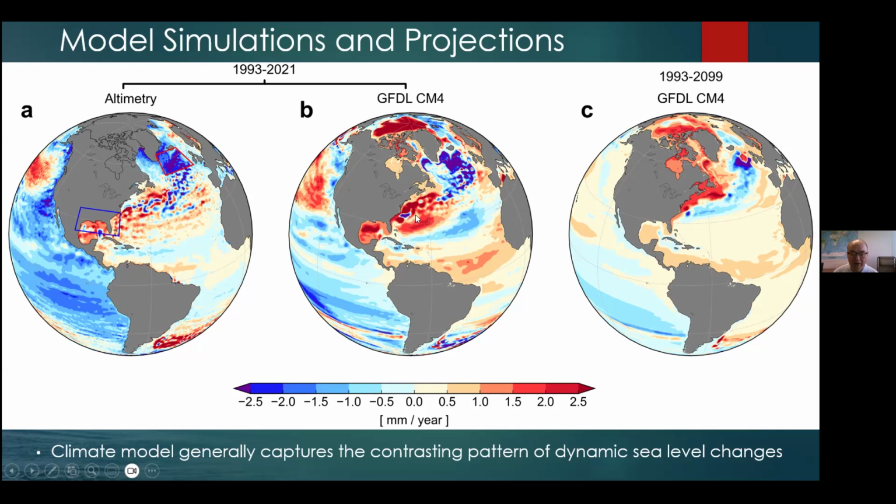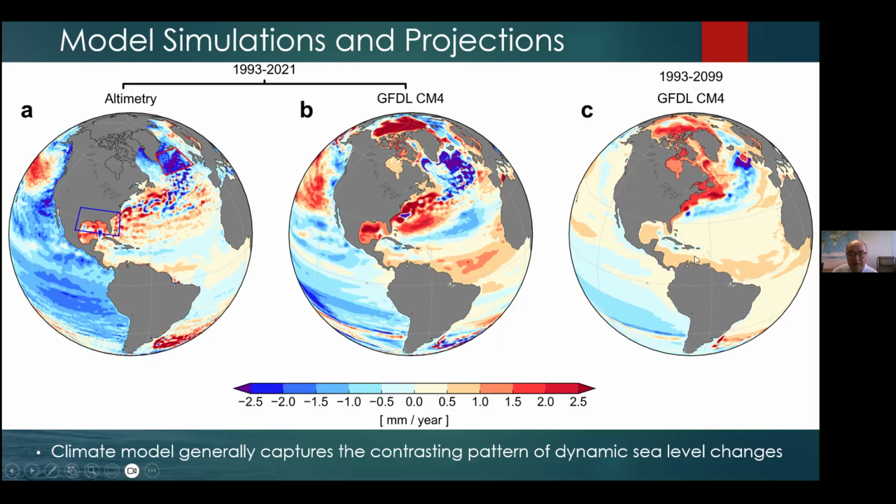We combine the historical simulation with the SSP4.5 projection, that's the medium emission scenario, to derive this dynamic sea level trend for the same period. You can see there is a contrasting pattern in the North Atlantic, similar to the altimetry data, but the magnitude in the model simulations is somewhat larger.